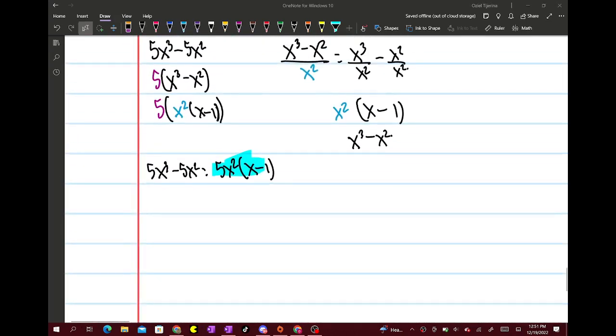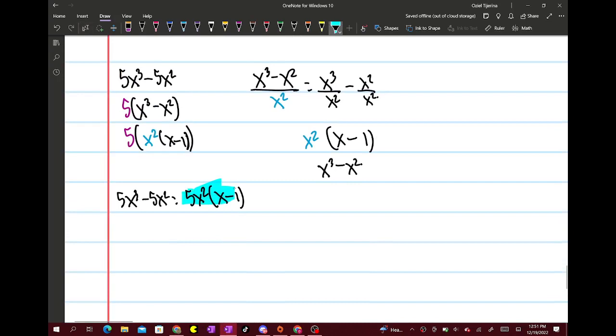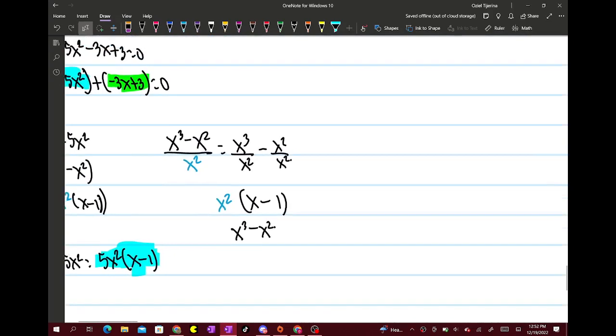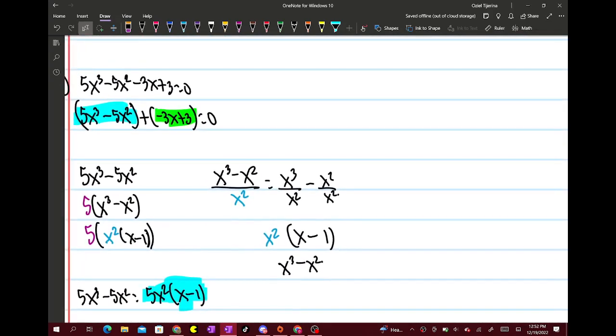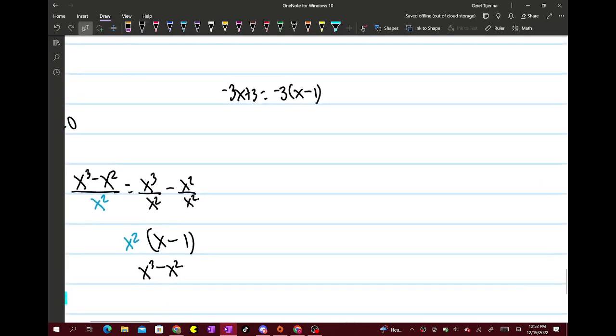So basically this right here is what 5x cubed minus 5x squared would be. And then to do negative 3x plus 3, so that's a linear expression, right? So negative 3x plus 3 is basically negative 3 times x minus 1.